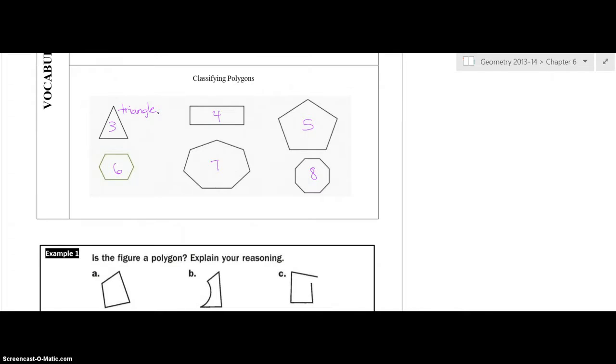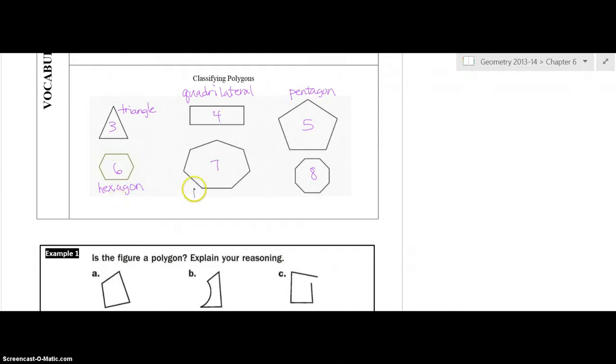Those are 2 specific 4-sided polygons, but this is a quadrilateral. Just like the government building, this is a pentagon with 5 sides. Hexagon, like a hex screw or a hex bolt.